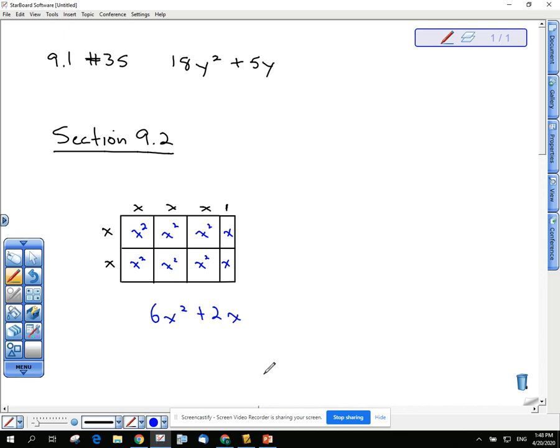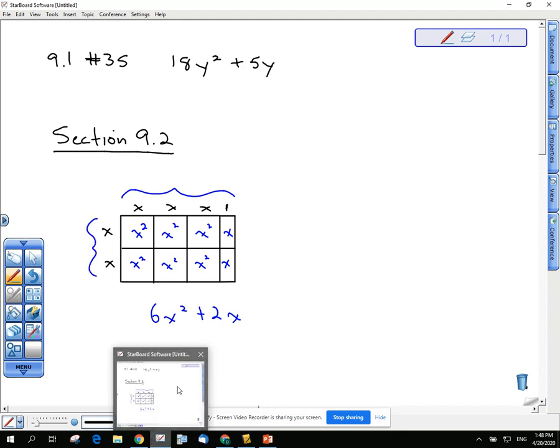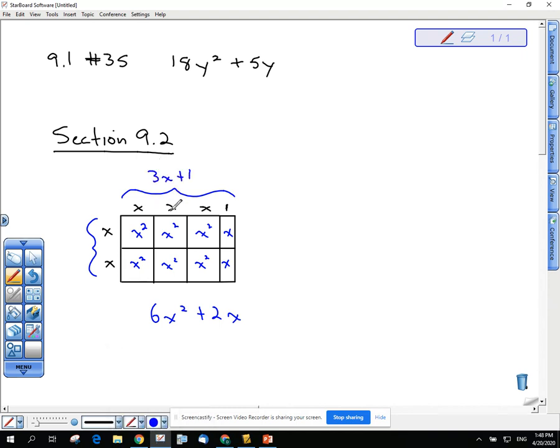To simplify things, what we really should do is simplify this expression for the length of the largest rectangle and this for the width of the largest rectangle. This would be 3x plus 1. When you have one x and add another x and then another x, that's 3x plus 1 for this whole length, and this would simply be 2x.